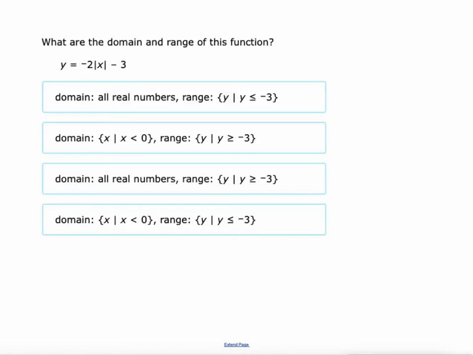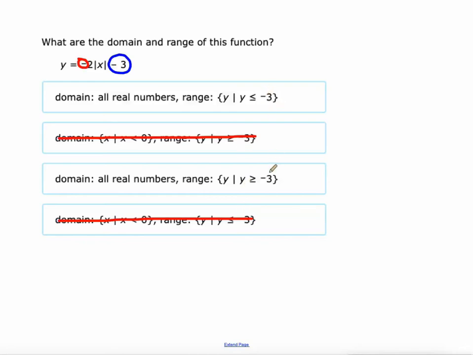Now, here's where things change, because there's two things that matter here. Number one, this negative 3, and number two, this negative sign right here. Those two things matter. So say we put 0 into the absolute value quantity. 0 times negative 2 is 0, 0 minus 3 is negative 3. All right, let's get rid of the choices that aren't all real numbers.